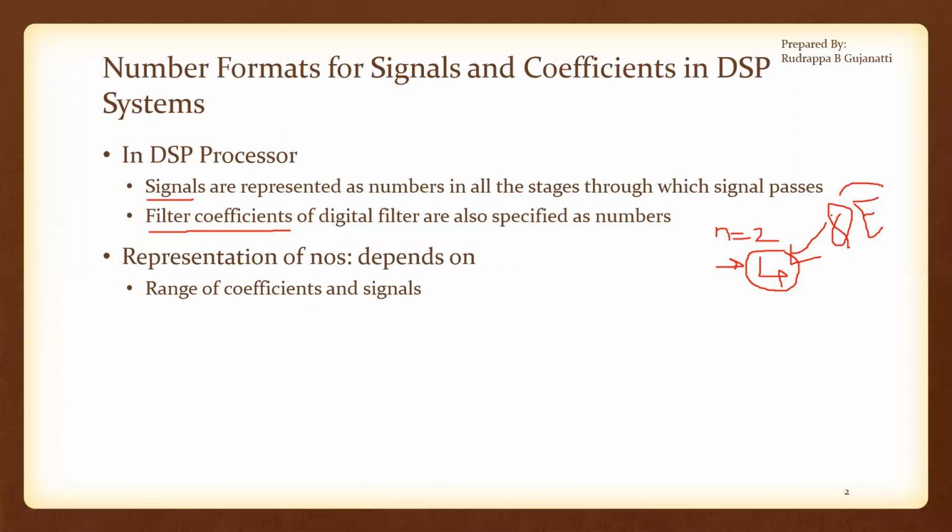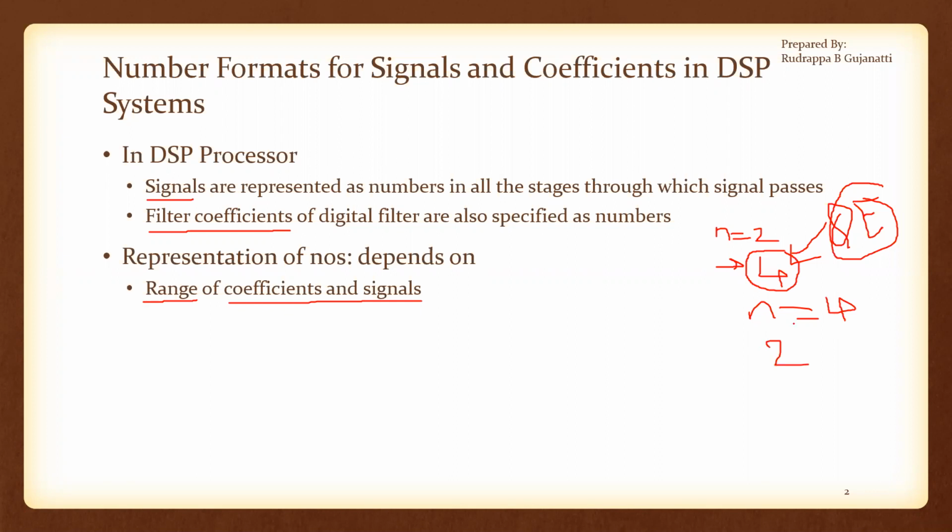That is, I am not able to incorporate the maximum range of the coefficients and the signals. So, taking quantization as an example, I can increase the number of bits used for quantization to 4.